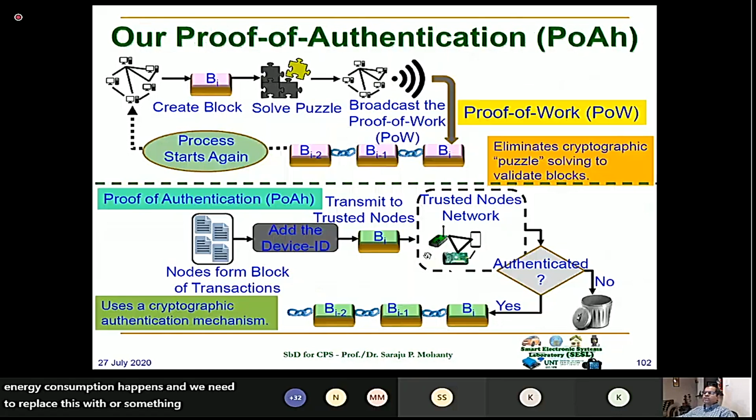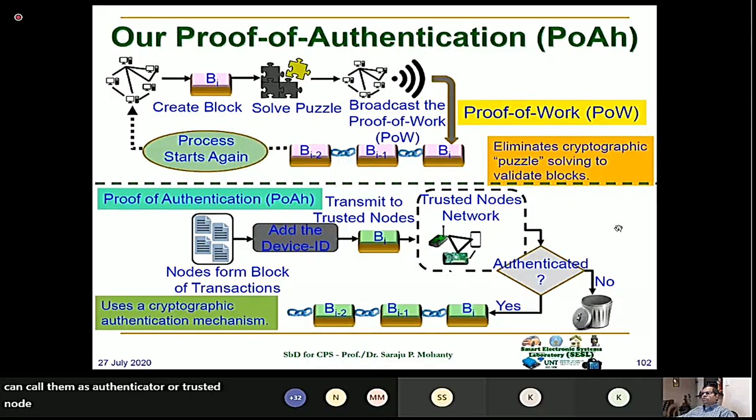So that's the idea. First, we proposed proof of authentication, where we do not do the puzzle solving. We do some cryptographic authentication, okay, and as a result, the power consumed here is completely saved. That's the idea, and it doesn't need special hardware or a miner essentially. So we can call them an authenticator or trusted node.